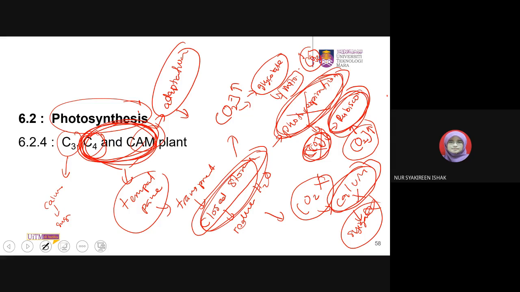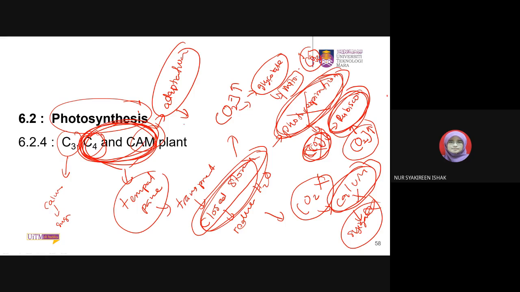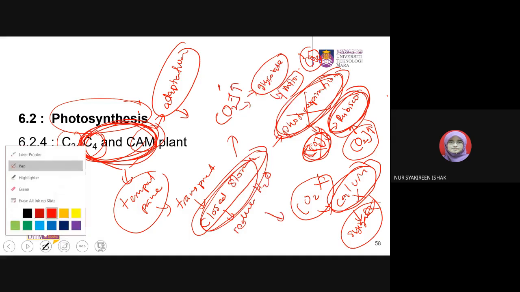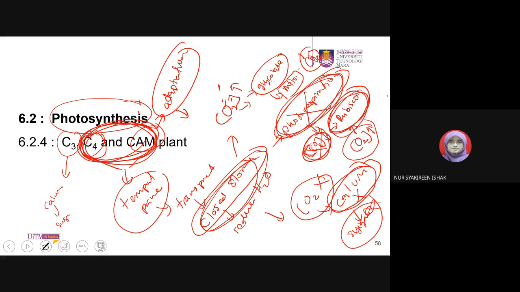Dia akan melakukan carbon fixation twice. So the first carbon fixation is done by the first carbon dioxide acceptor, which is PEP, phosphoenolpyruvate, and the second carbon fixation adalah melalui proses Calvin cycle yang biasa, which is by RuBP.